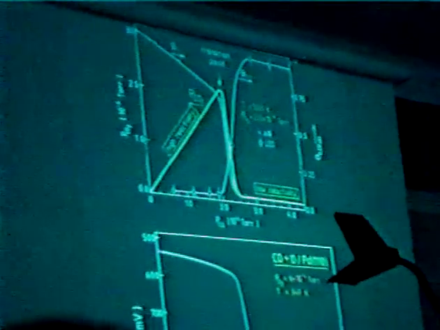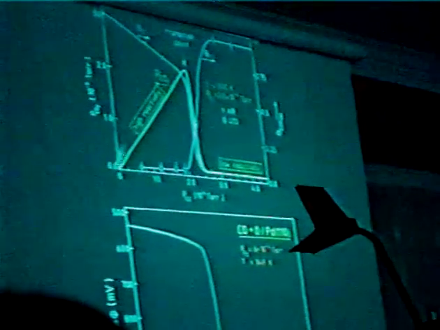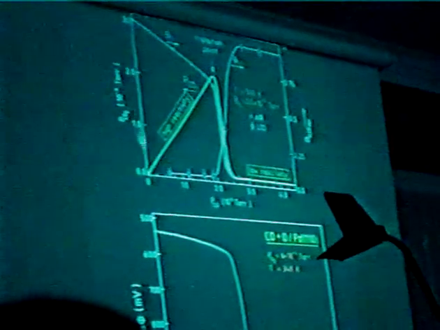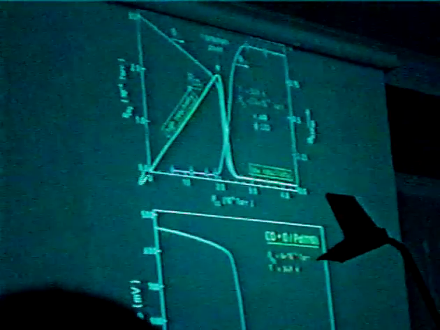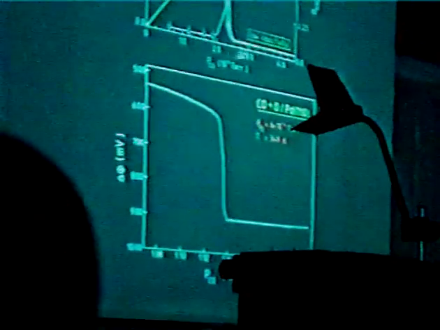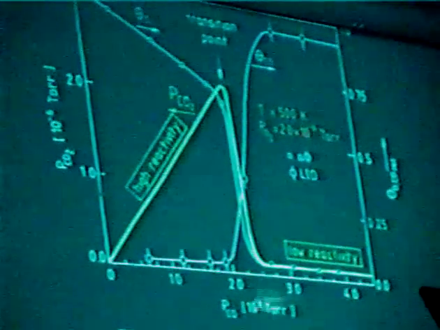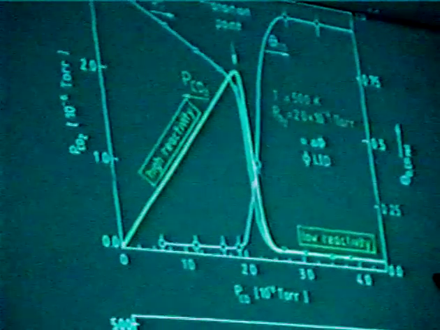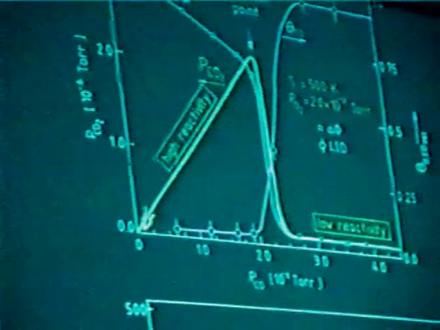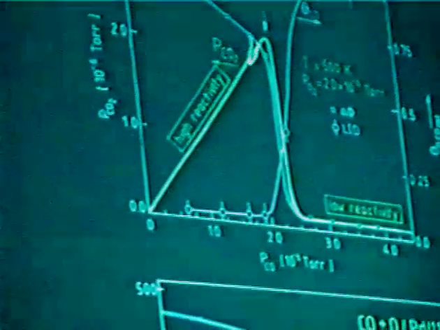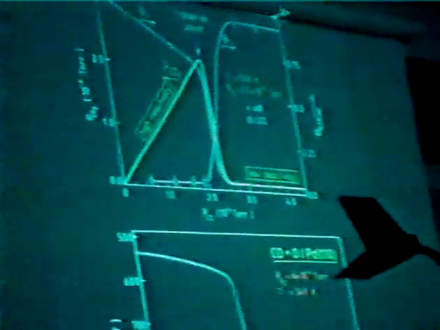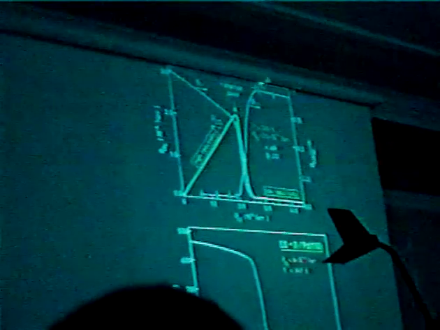The carbon dioxide formation depends on the carbon monoxide pressure at constant pressure of oxygen. The oxygen pressure is always one order of magnitude higher than the carbon monoxide pressure. At low carbon monoxide pressures we have a first order reaction. Then we have a point where the carbon monoxide surface coverage is overwhelming.